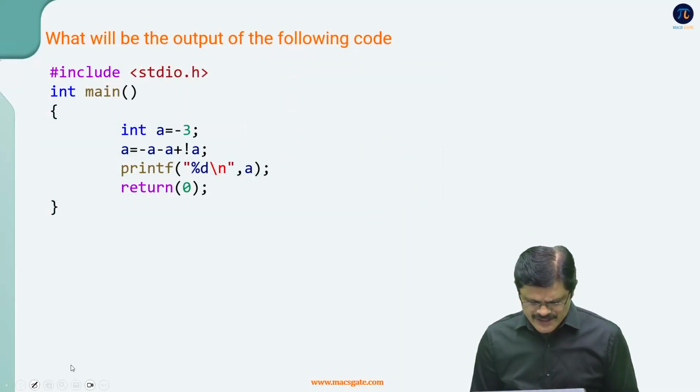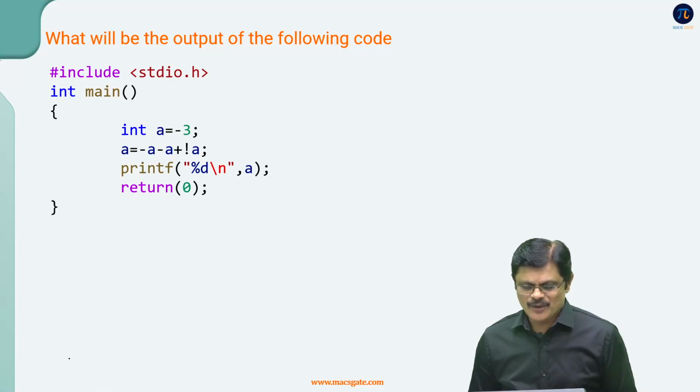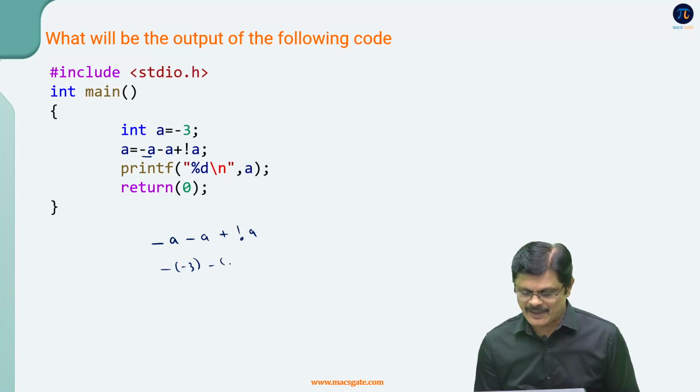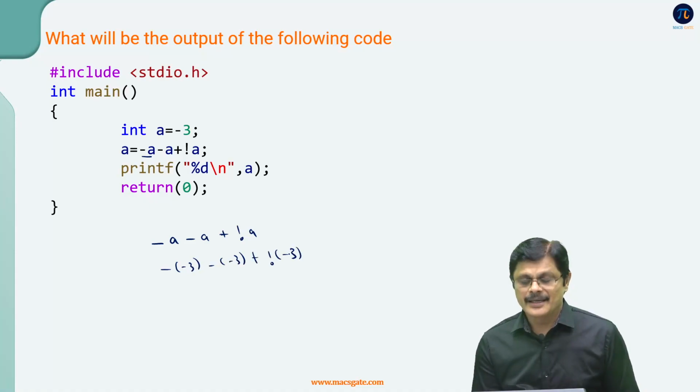So, let us conclude this session with one example. What is the value of A? Now, look here, minus A plus not A. So, if you see minus A plus not A, actually it is minus 3 plus not minus 3.